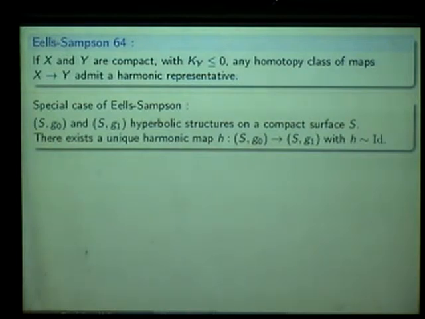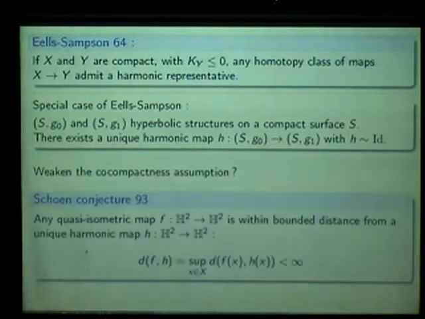Actually, this question was raised in the 80s by Richard Schoen in the form of the following conjecture. So the conjecture states as follows: any quasi-isometric map from the hyperbolic plane to itself is within bounded distance from a unique harmonic map.